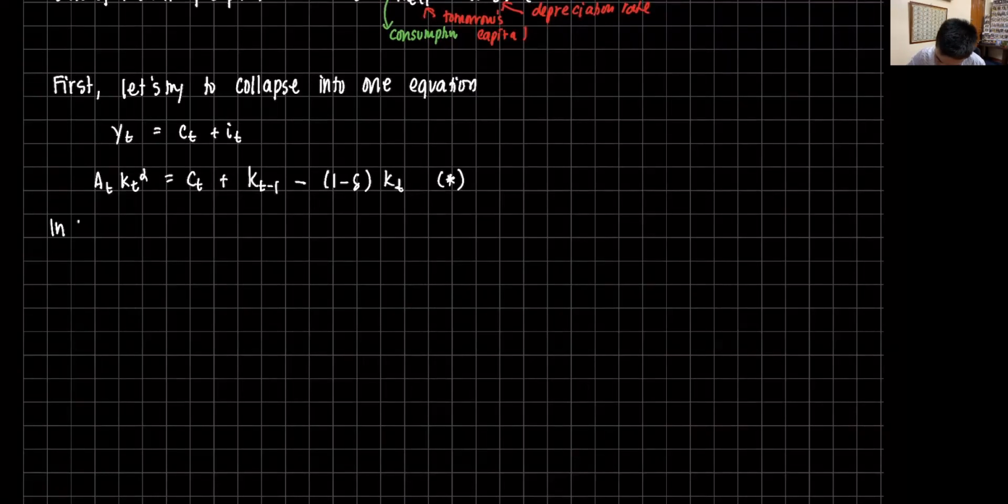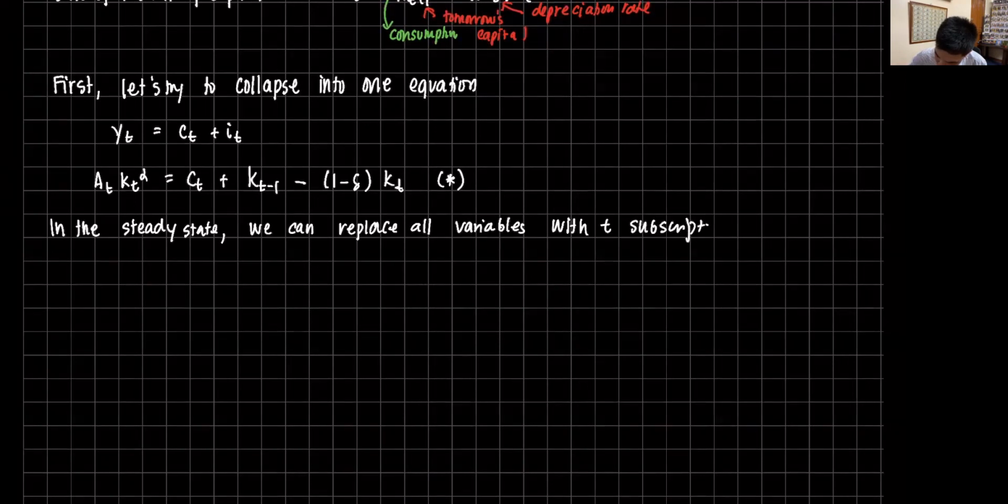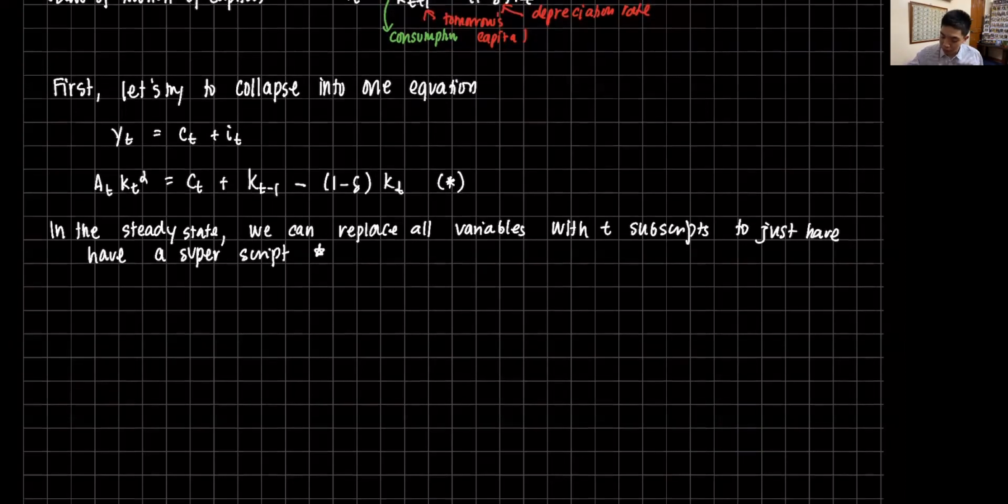In the steady state, all of these things are growing at the same rate, so effectively we can replace all variables with T subscripts with just a star superscript, like what we had here.